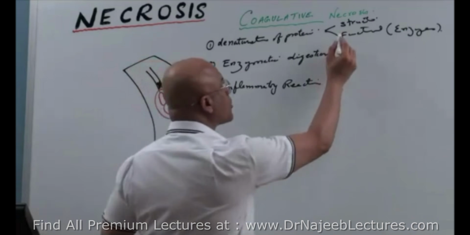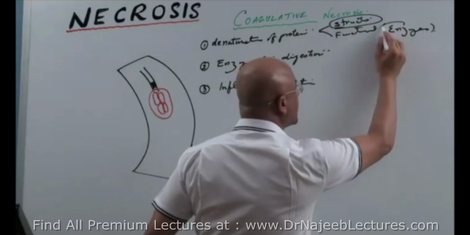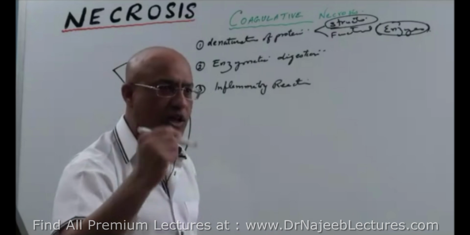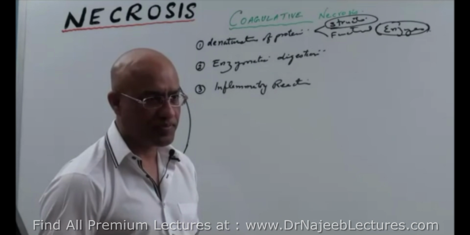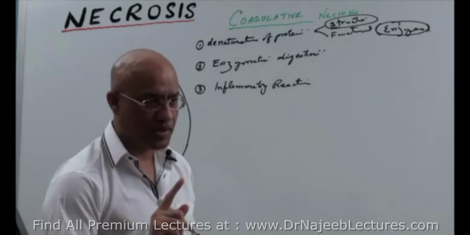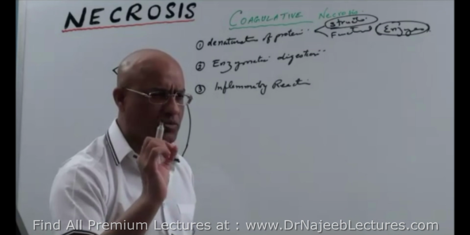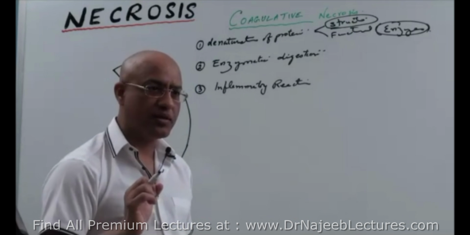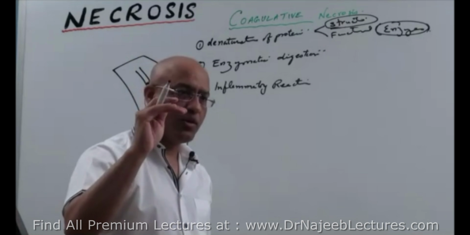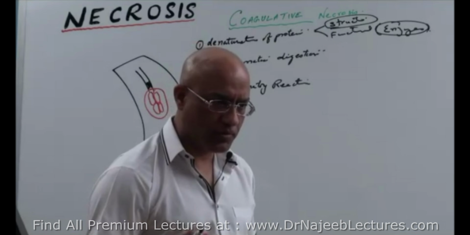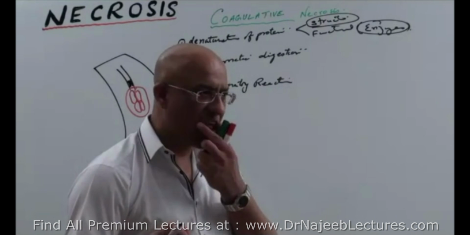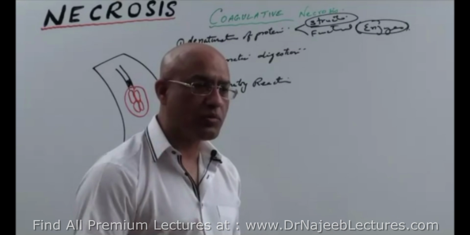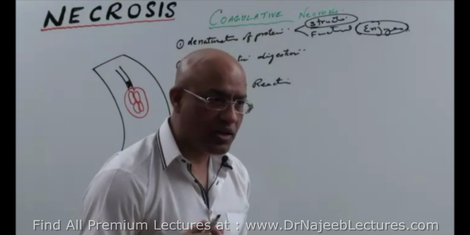If structural proteins and enzymes both undergo denaturation simultaneously, listen, as soon as there is very severe hypoxia to cells, what will happen? In the cells, ATP levels will go down very rapidly, lactic acid levels will go up, and proteins will start undergoing denaturation.